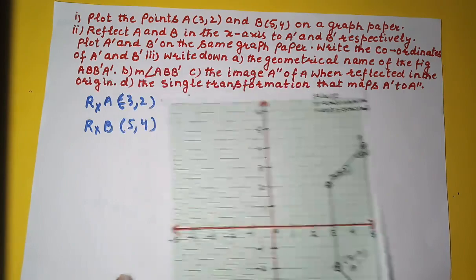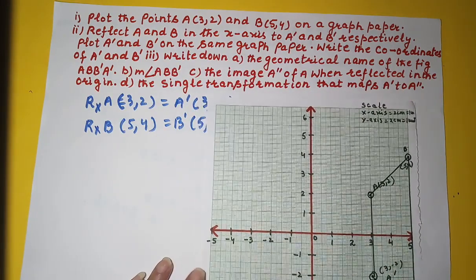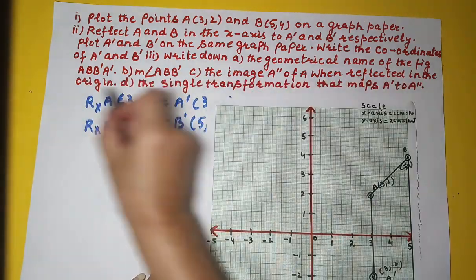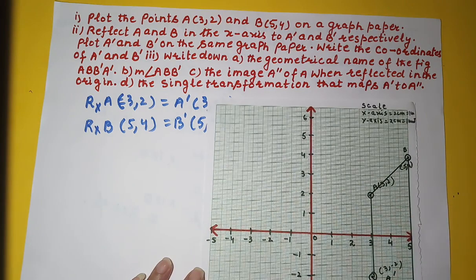Alright. So what is the geometrical name of this figure? A, B, B dash, A dash. Isn't it an isosceles trapezium?